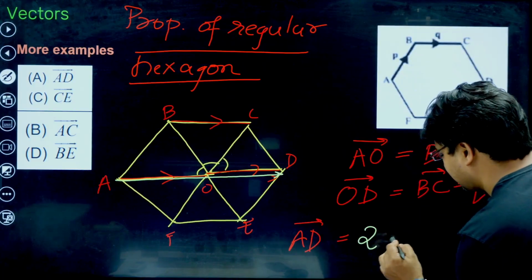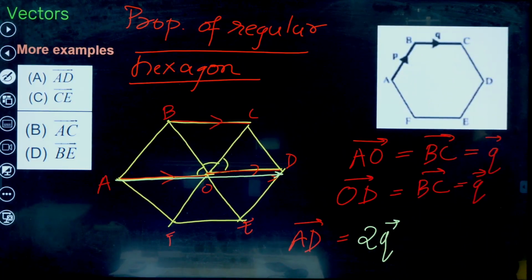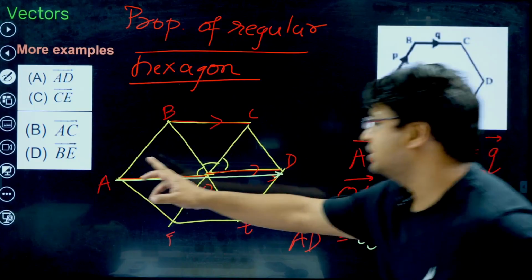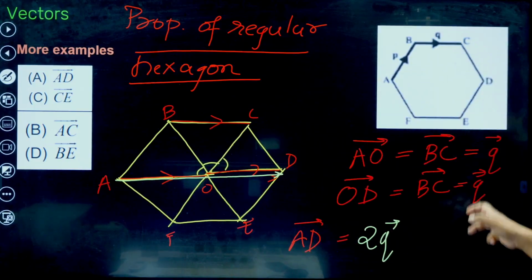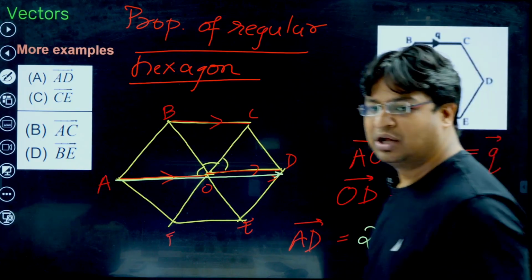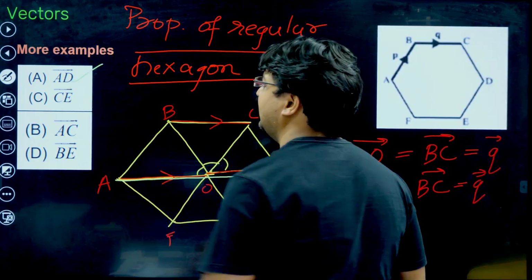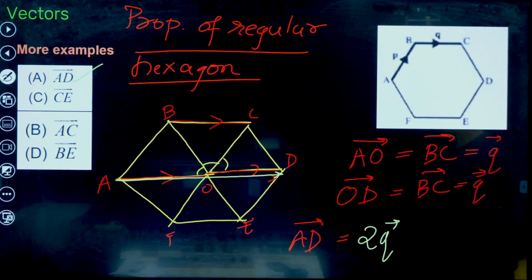So that means it is 2Q, or you can simply see that AD can be written as AO plus OD, and both are Q, so 2Q is the answer. So AD vector we have found, AD is same as 2Q.